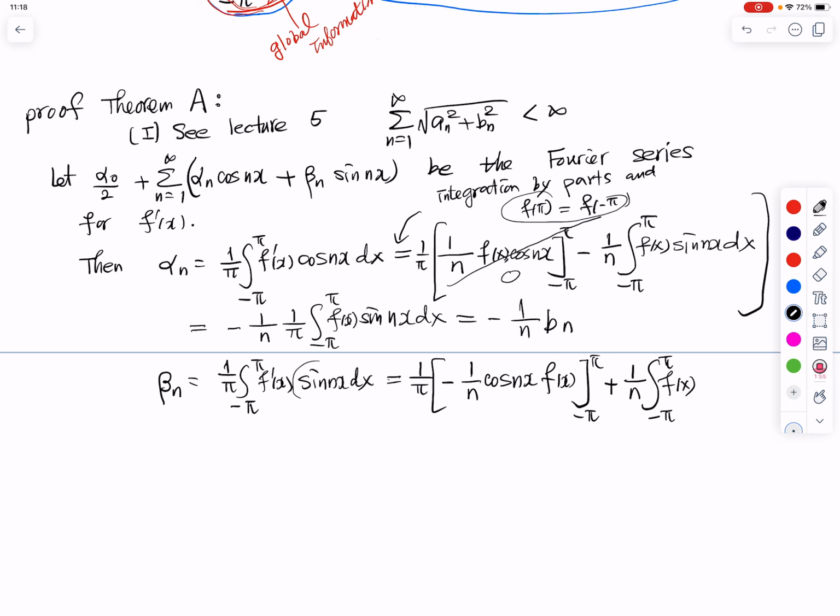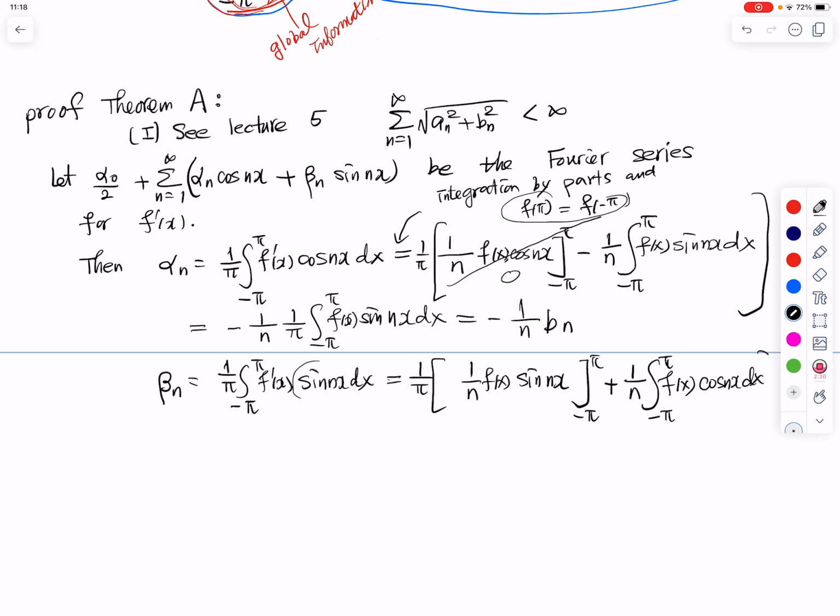I'm sorry again, here, f(x), so here this should be f(x) sine nx, not cosine nx, and then here cosine nx dx.